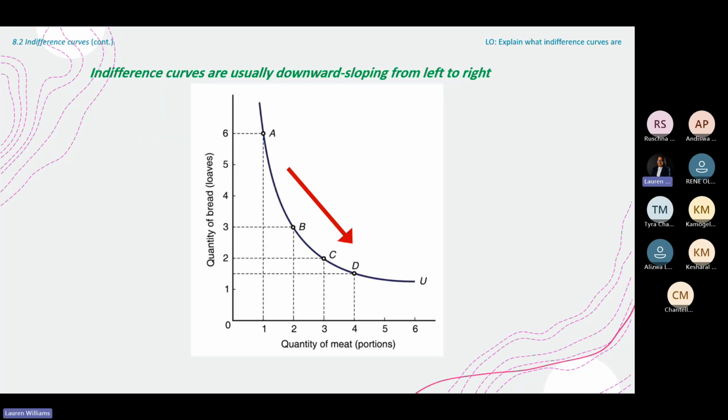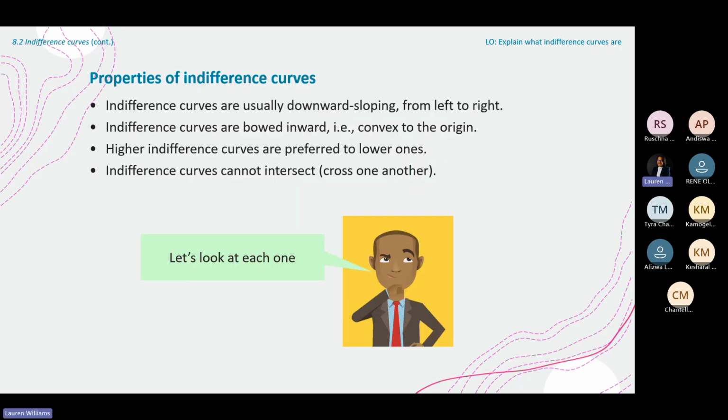right. So here we are now. There are properties. Okay, so there are assumptions first, and we have the 3 assumptions. And then we have properties of the indifference curve. So we're saying 1, it's always downward sloping. Okay, same as a demand curve, it's always downward sloping. It's bowed inward, meaning it's convex.